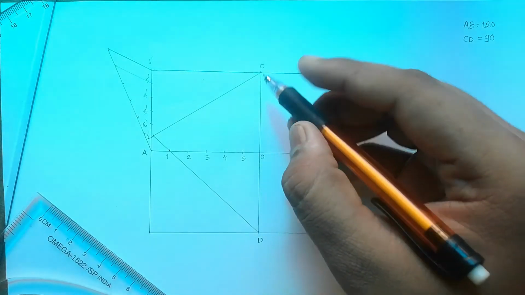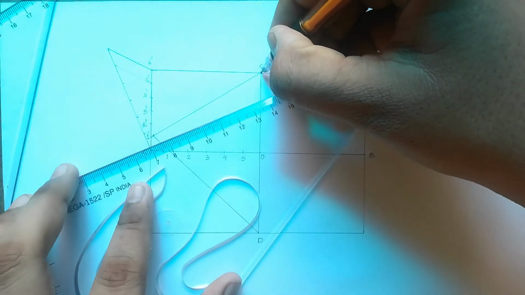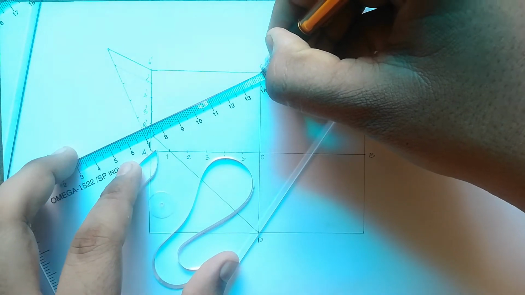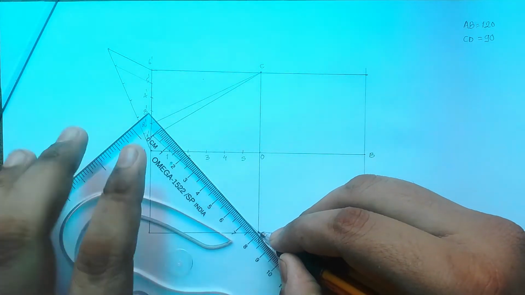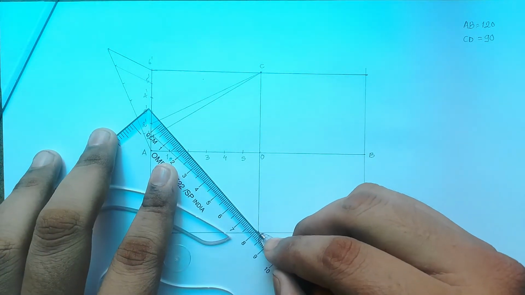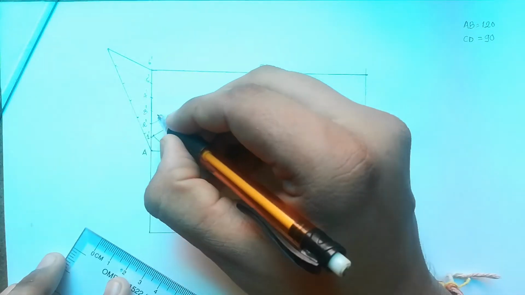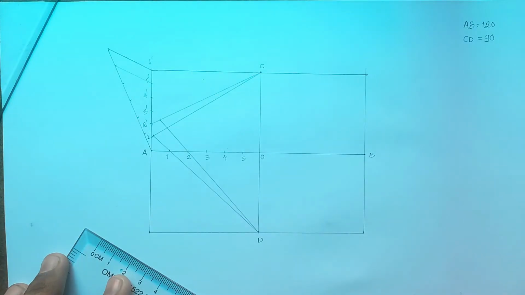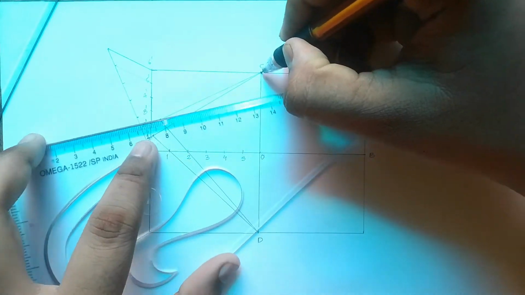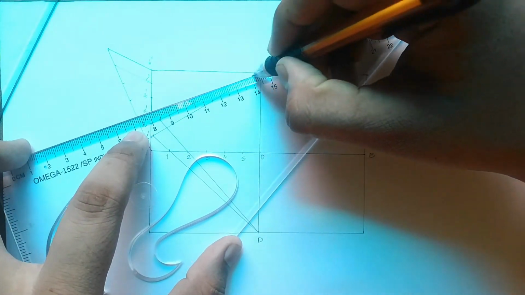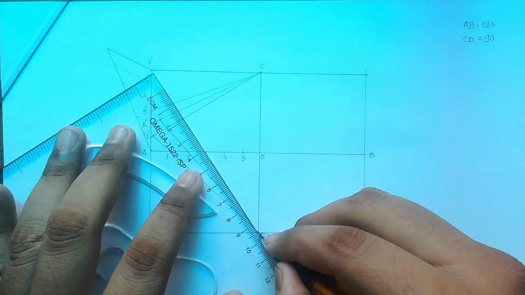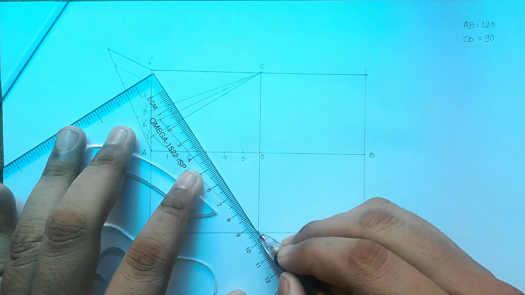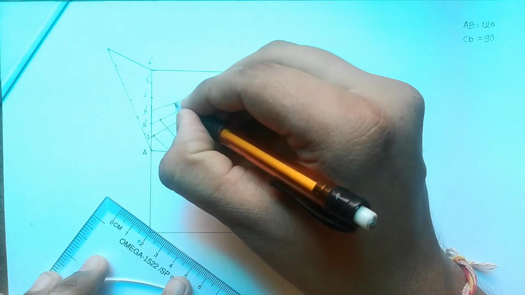Once again, repeating: if I connect point C with 2 dash, I have to connect point D with number 2 available over here, and I need to extend that up to the intersection over here. If I connect point C with 3 dash, I have to pass point D through number 3 that is available on the horizontal line like this.